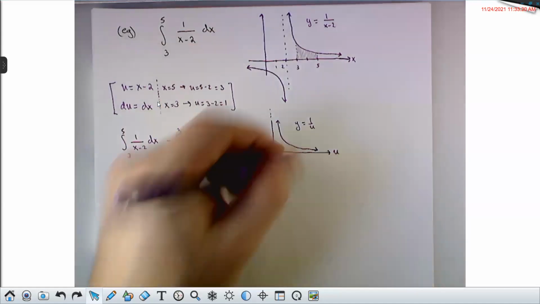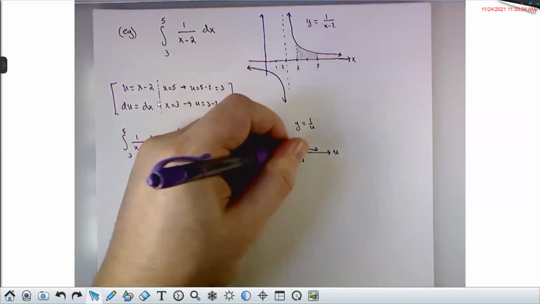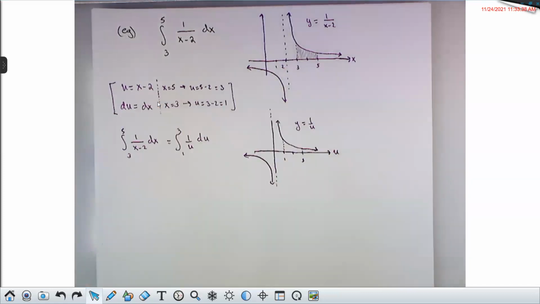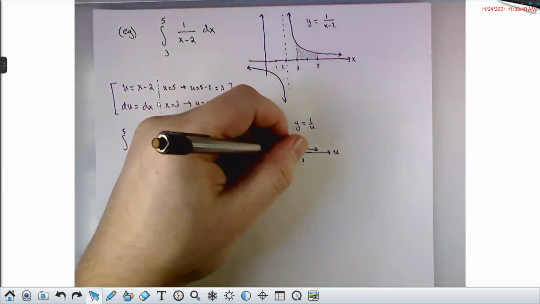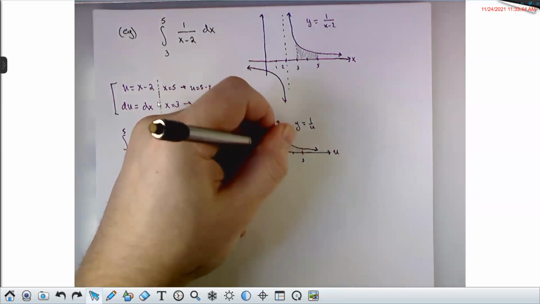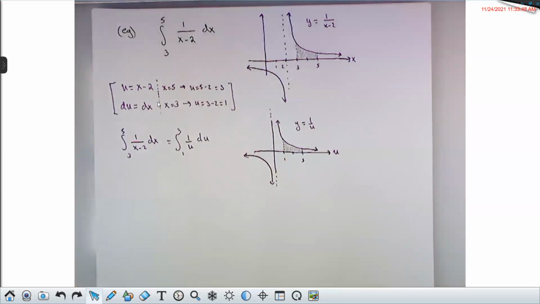And you'll see that the area here from 1 to 3 is the same as the area in the original from 3 to 5. Right? And there is no scaling factor here. There's no 1/2 out front like the last problem because there's no stretching going on here. We're just shifting things over.